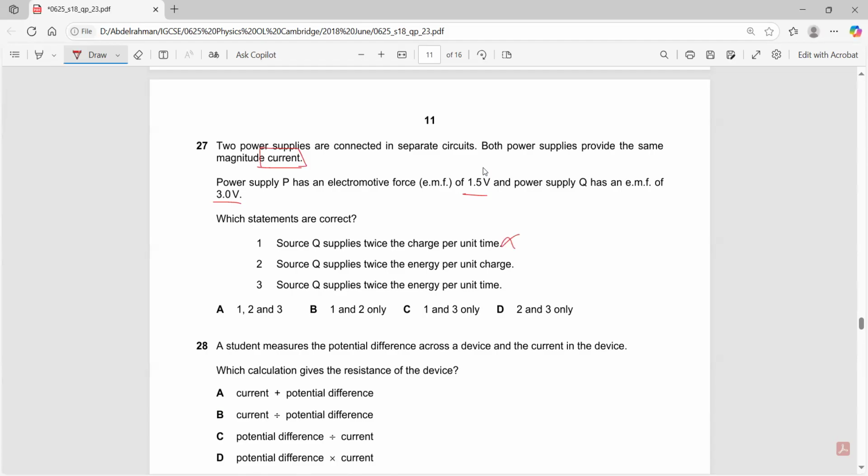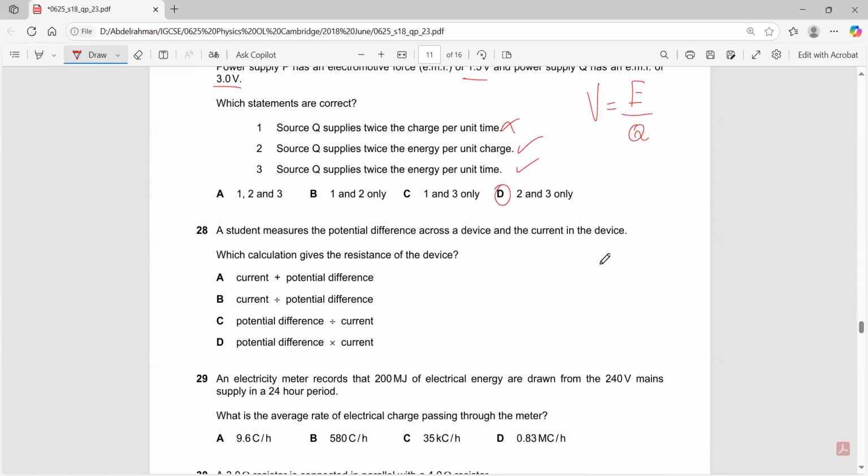So this is wrong. Source Q supplies twice the energy per unit charge. Energy per unit charge is the voltage. So 3 is twice 1.5. So this is correct. Source Q supplies twice the energy per unit time. Again, yes, because if you calculate the power, energy per unit time, P equals VI, it's twice the energy per unit time. So this is correct. So D is the correct answer.